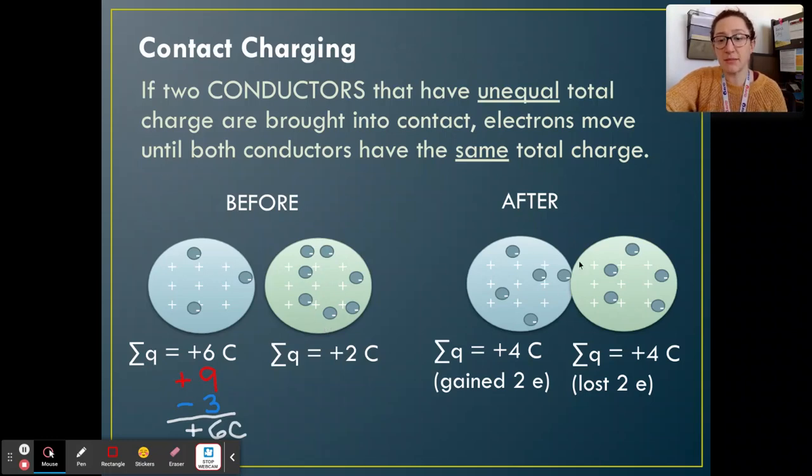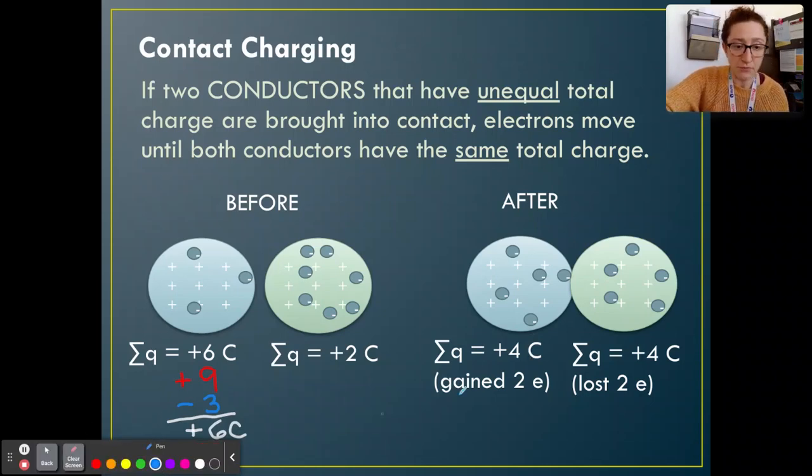In this case, 2 of these electrons moved from this green one to the blue one. So that then they had 9 minus 5 equals +4.